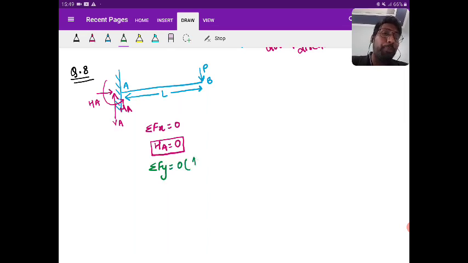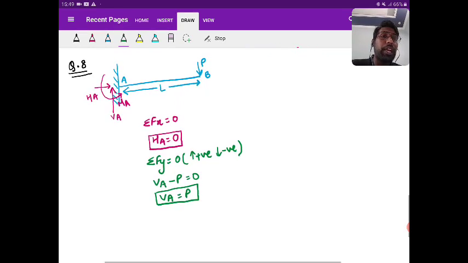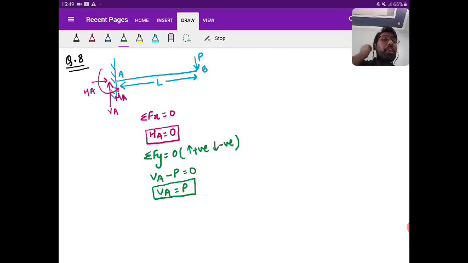Let us say upward positive, downward negative. So VA minus P is equal to 0, so VA becomes equal to P. Is it clear to all?